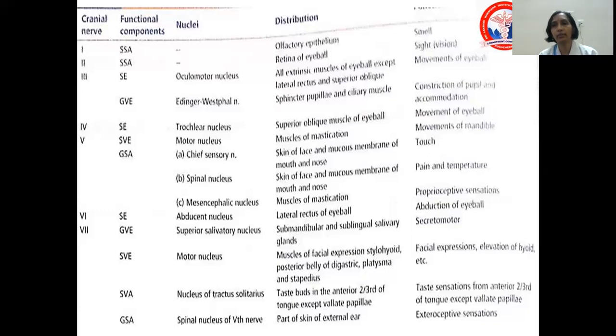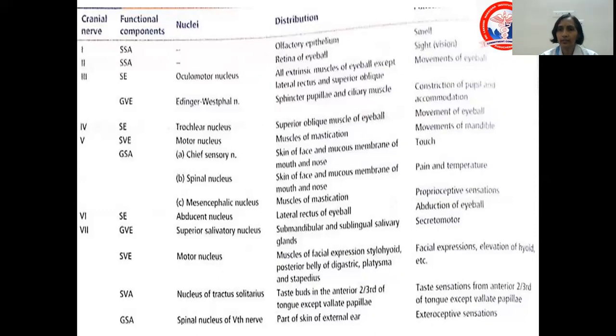The third cranial nerve, or the oculomotor nerve, has somatic efferent fibers arising from the oculomotor nucleus, and these motor fibers supply all the extrinsic muscles of the eye except lateral rectus, which is supplied by the sixth cranial nerve, that is abducens, and superior oblique, which is supplied by the fourth cranial nerve, that is trochlear. These muscles are responsible for movement of the eyeball.